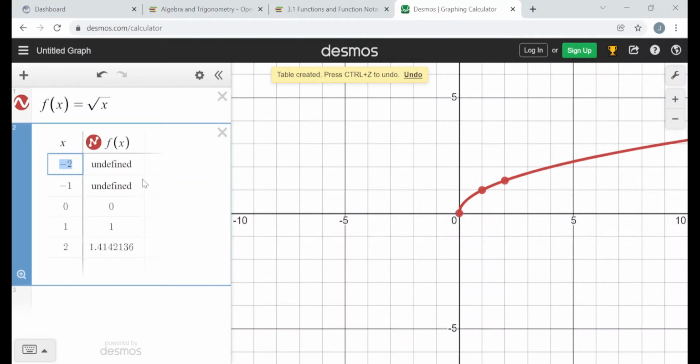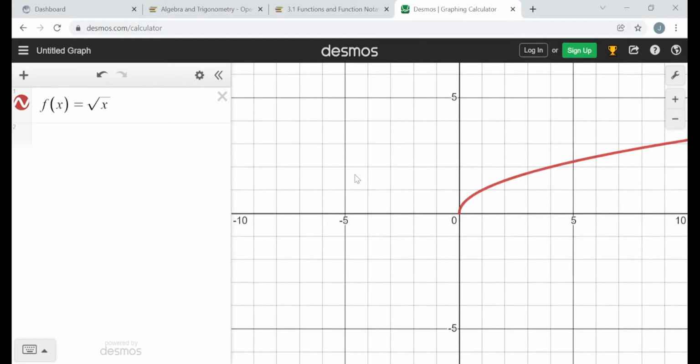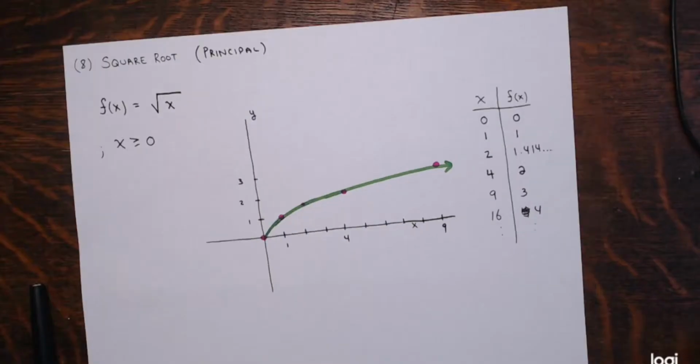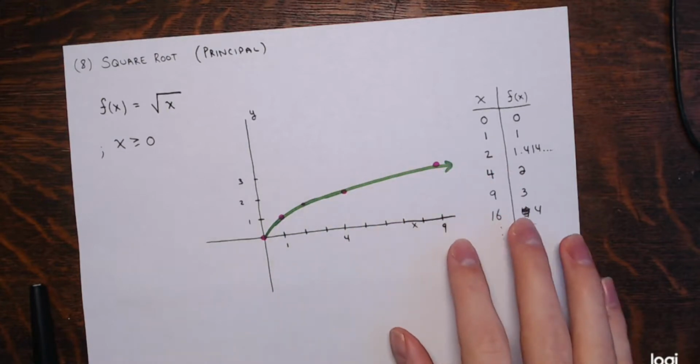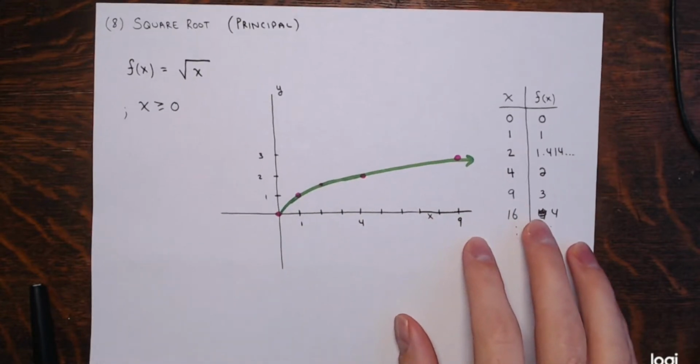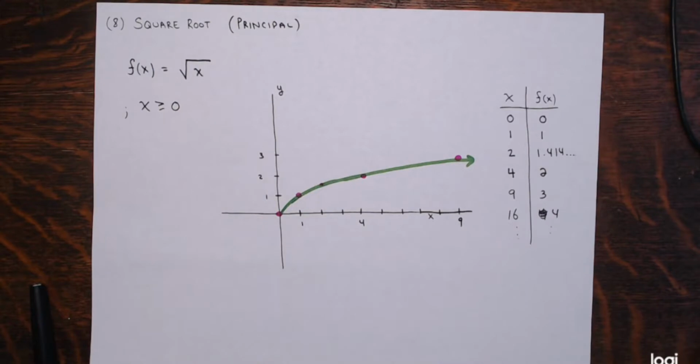It's because they're imaginary. Square roots of negatives are imaginary. But then you pop in 0, 1, you see 1.414-ish for square root of 2, and so on. And you can plug in whatever numbers you want into the table. Wonderful. So again, just like half a parabola opening to the right. And just know the basic shape so that you can transform it later.